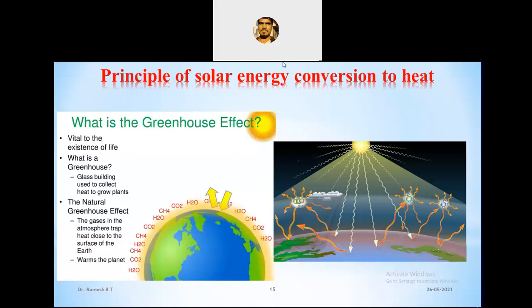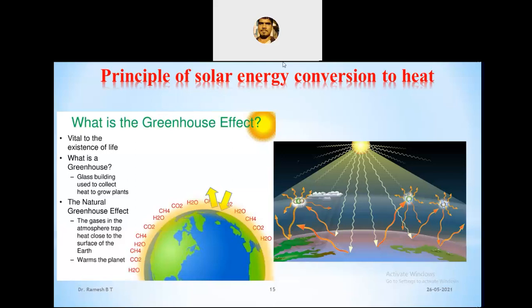We can convert solar radiation either into heat or into electric energy, but generally we first convert it into heat. This is a common phenomenon called the greenhouse effect, the fundamental process used for heat conversion.